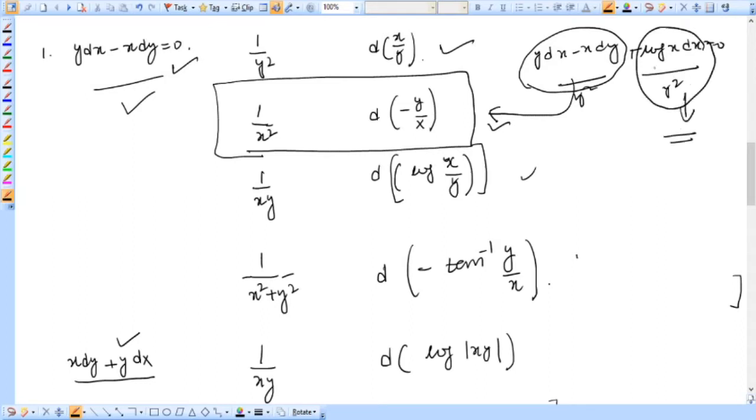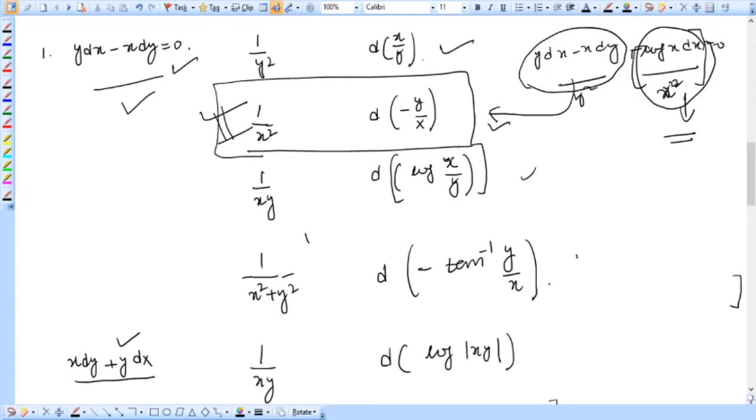But if we take 1 over x square as the integrating factor, it would be pretty easy to integrate this term. So we are going to take 1 over x square as the integrating factor, so that it is easy for us to solve the given differential equation.